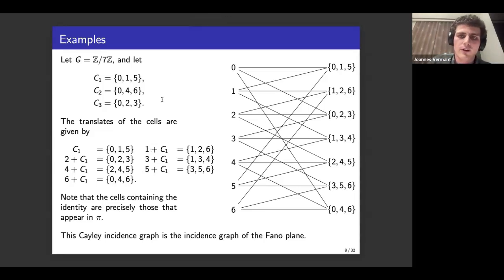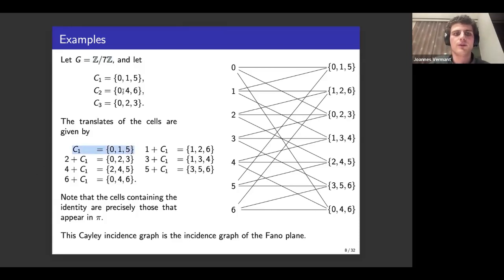So here is our first example. We have again the group Z modulo 7. And then we take some cells. We take C1 to be {0, 1, 5}, C2 to be {0, 4, 6}, and C3 to be {0, 2, 3}. We can describe all of the translates of cells as translates of C1.